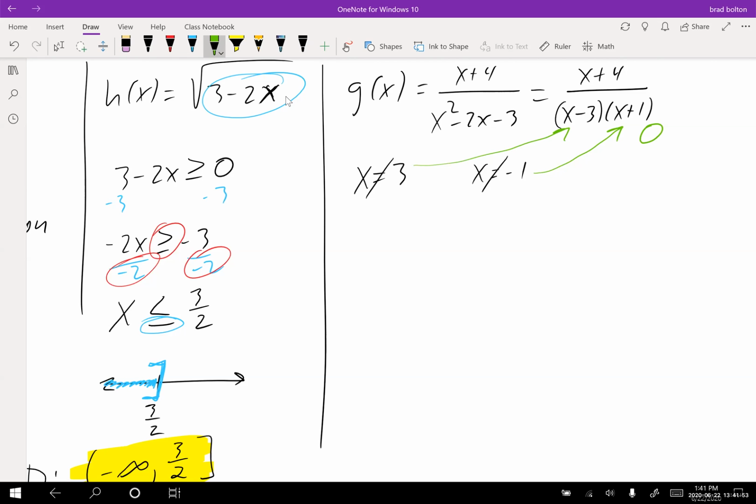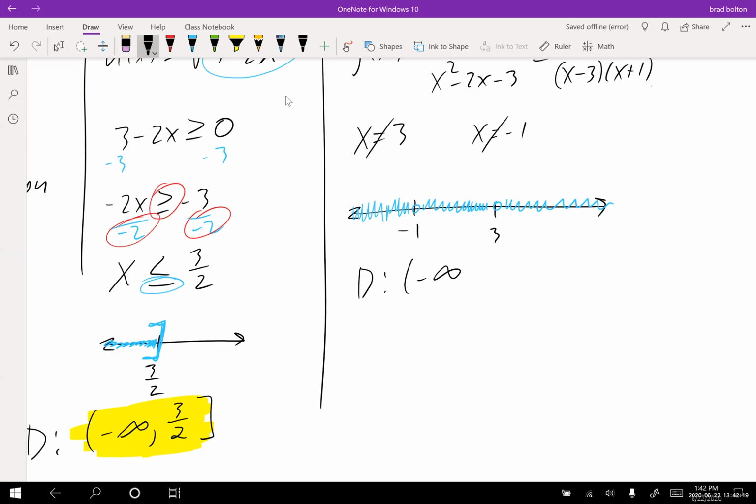So for interval notation, you would say that x is negative 1 here, and here's 3 here. It would be from negative infinity to negative 1. So I did this section. Then from negative 1 to 3.